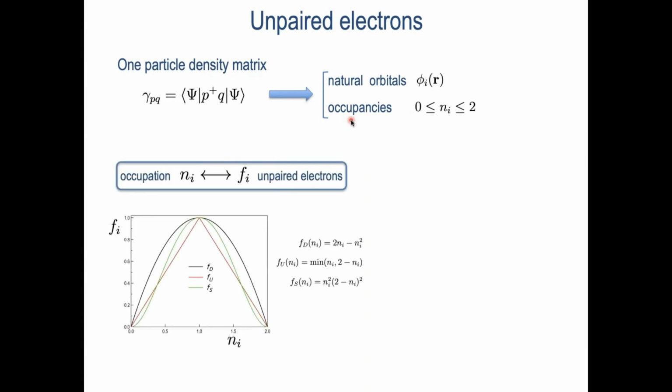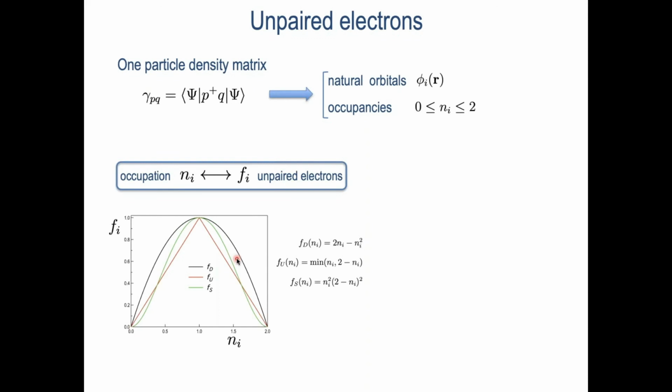Then we use some mapping to correlate the occupation number with an effective number of unpaired electrons for each of these natural orbitals. For that, we can use different types of mappings.